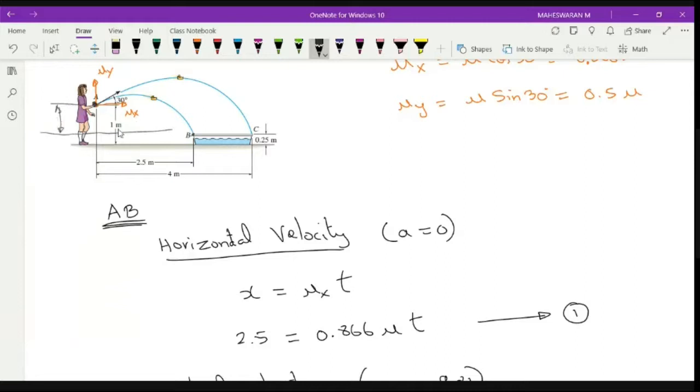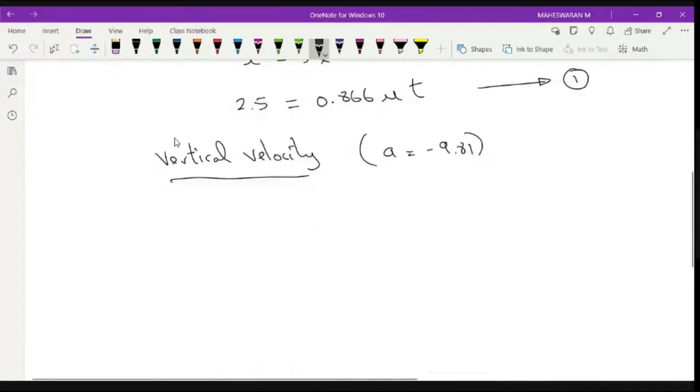The vertical distance will be 1 minus 0.25, so it will be 0.75. It is opposite to the direction, which means negative, so minus 0.75.